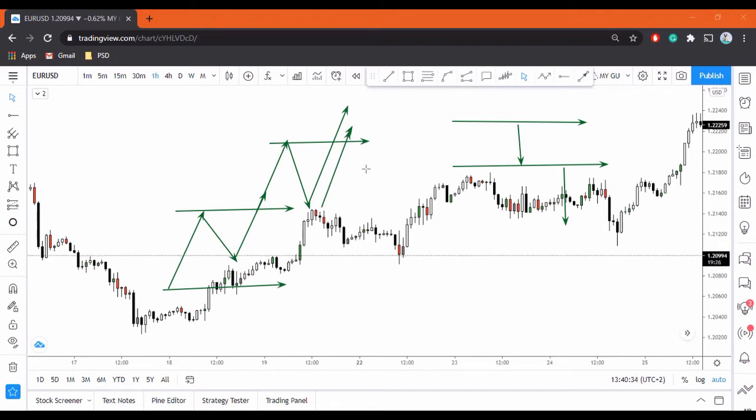The reason why 5 varies is because sometimes they might want to extend the impulse so that they get enough buyers for them to sell price. Remember, for them to win, we have to lose. So they will accumulate as many buyers as they can, for them to sell price so that they can get their profits.